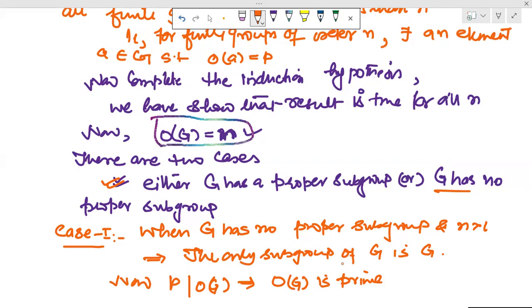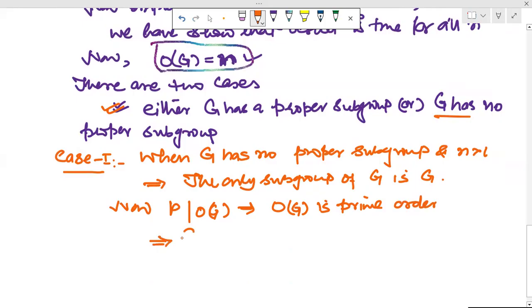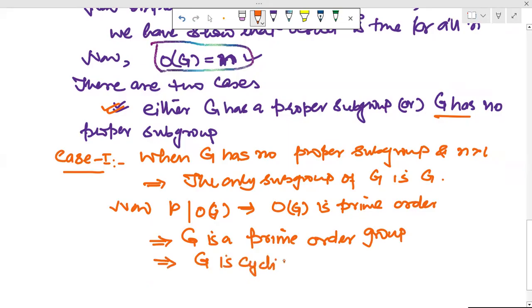Now, any group of prime order is a cyclic group, right? So G is a prime order group. This means G is cyclic. Obviously, G is cyclic. This means that it has a generator.